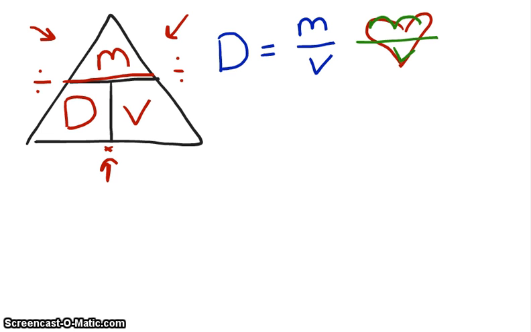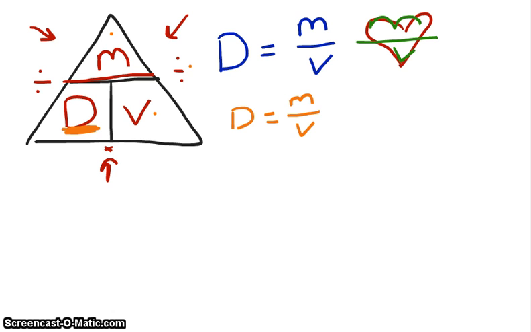So the way you use it is you cover up the thing that you're trying to solve, and then you find the equation for the other variable. So say I'm looking for density. I would cover that up, and I'd see that density equals mass divided by volume. Alright, but we already knew that. Here's the useful bit.